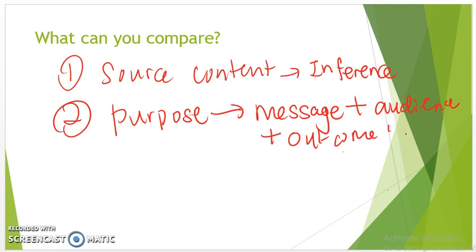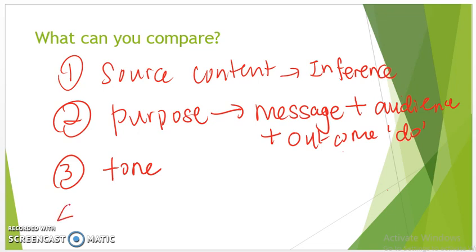Or in other words, the same do. What they want the audience to do. Number three, you can also compare the tone of the source, whether the source has a critical tone, positive tone, pessimistic tone, and so on. You can compare and decide whether it's similar or different.